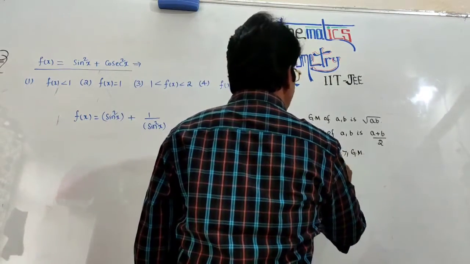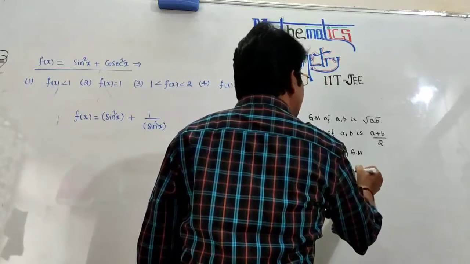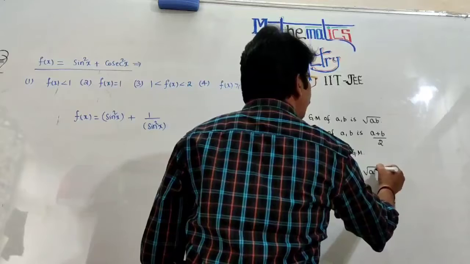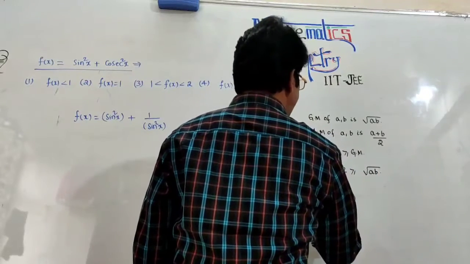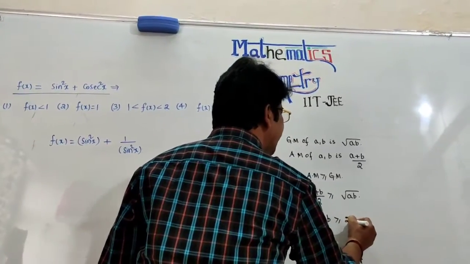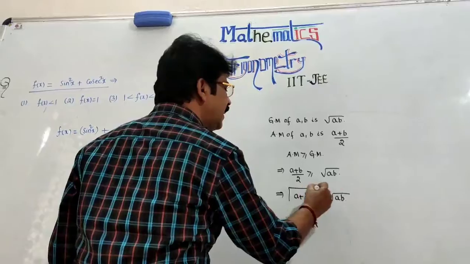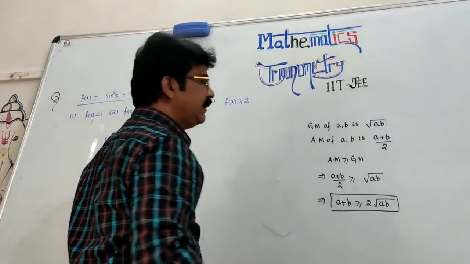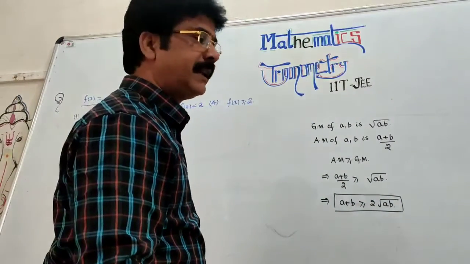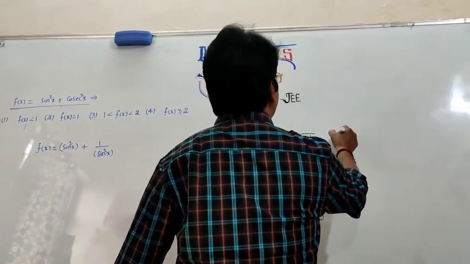So, arithmetic mean means what? It is a plus b divided by 2, greater than or equal to root of ab. So, that implies by cross multiplication, a plus b is greater than or equal to 2 root of ab. So, this is a great statement in mathematics. Understand? Especially in algebra. Okay. Next.